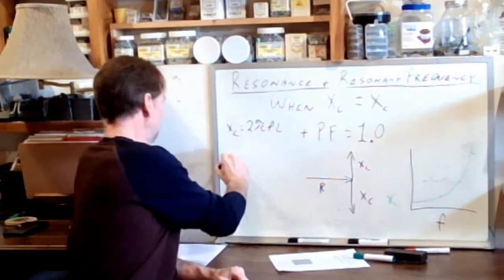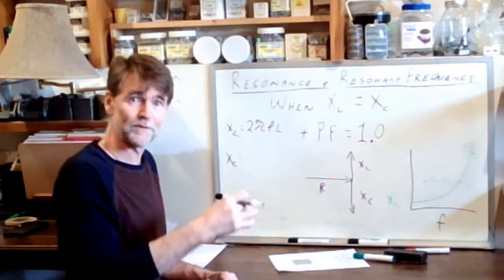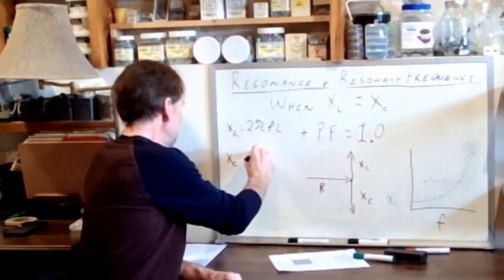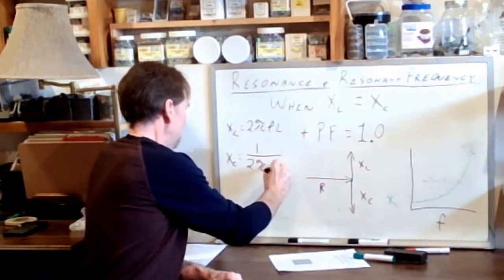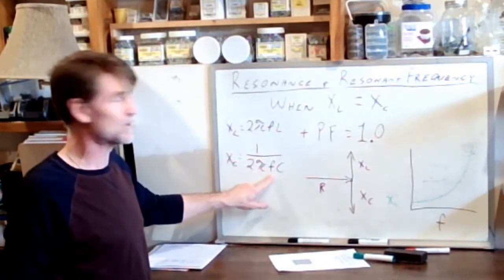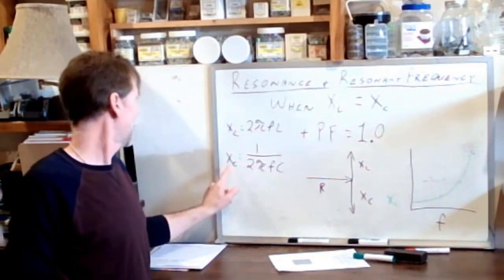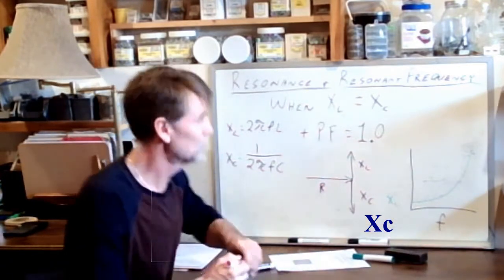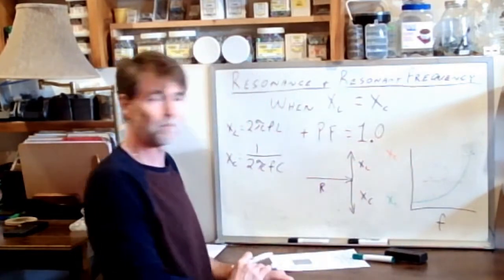What about XC? XC is equal to the inverse of 2 pi FC, which means now the capacitive reactance is inversely proportional to the frequency. So as the frequency increases, XC actually decreases. So if I use my red to finish this thought, here's XC.